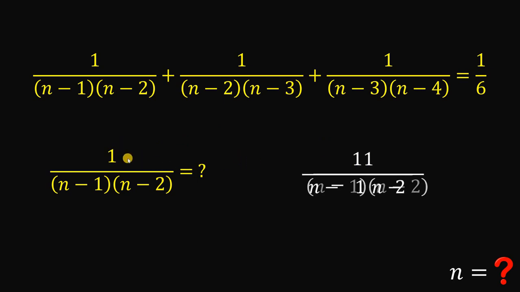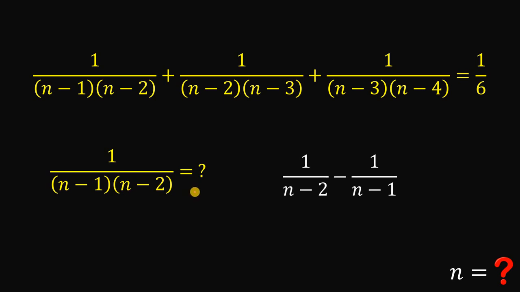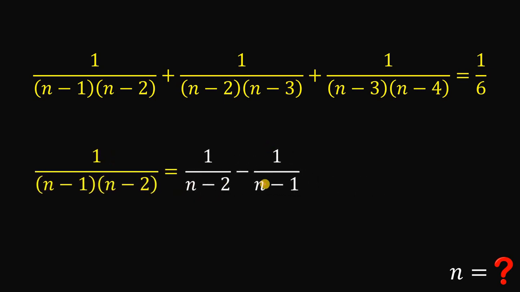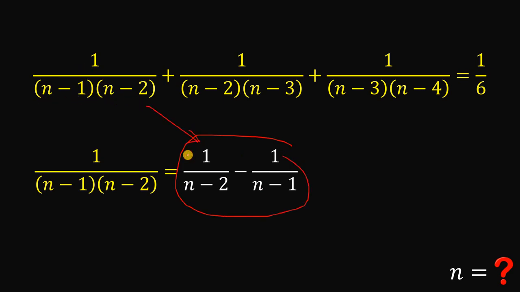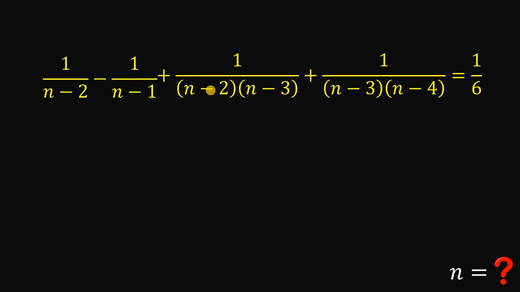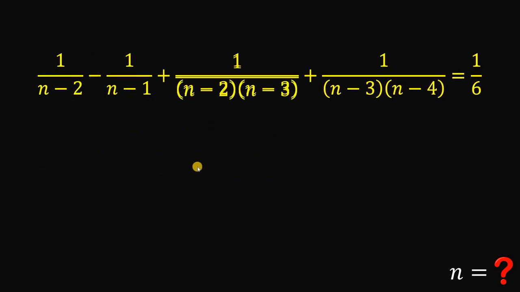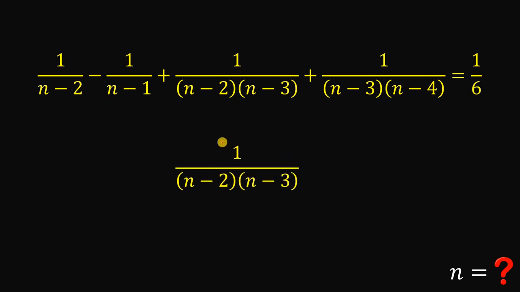So, we can say that 1 over (n minus 1)(n minus 2) can be rewritten as 1 over n minus 2 minus 1 over n minus 1. This is very important. So, let's replace 1 over (n minus 1)(n minus 2) with its equivalent value. Now, how about 1 over (n minus 2)(n minus 3)?